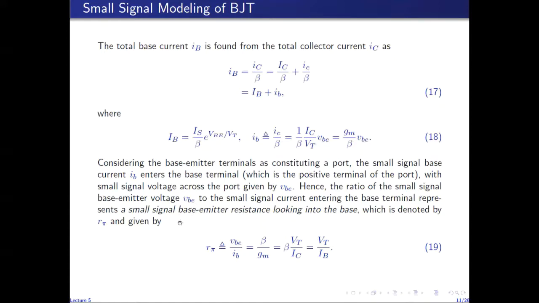So from this relation, we see that the ratio of VBE over IB is actually beta over GM. So R pi is given by beta over GM, and then GM is IC over VT. If we take beta into the denominator, then IC over beta will become IB. So R pi is eventually given by either beta over GM or this equivalent expression.